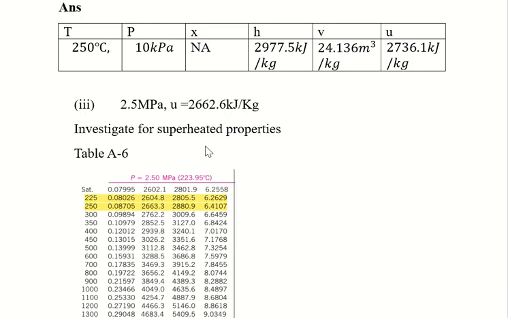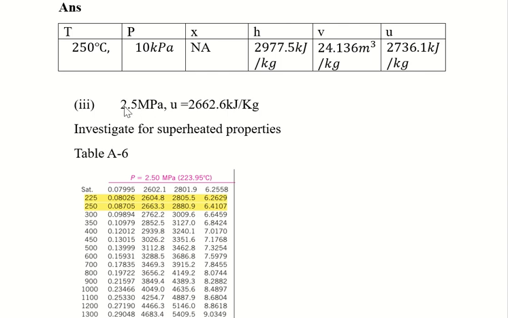So part 3, we're given pressure as 2.5 megapascals. This is a lot of pressure, and I won't be surprised if this is superheated vapor. So investigate for superheated properties right away. Why?